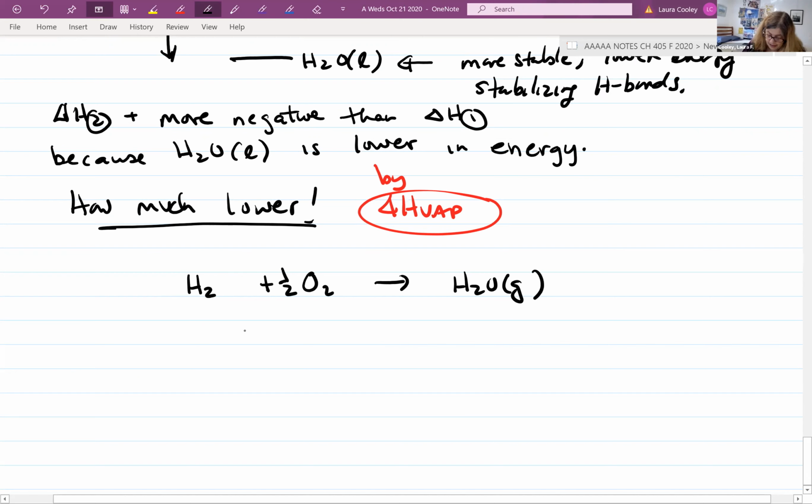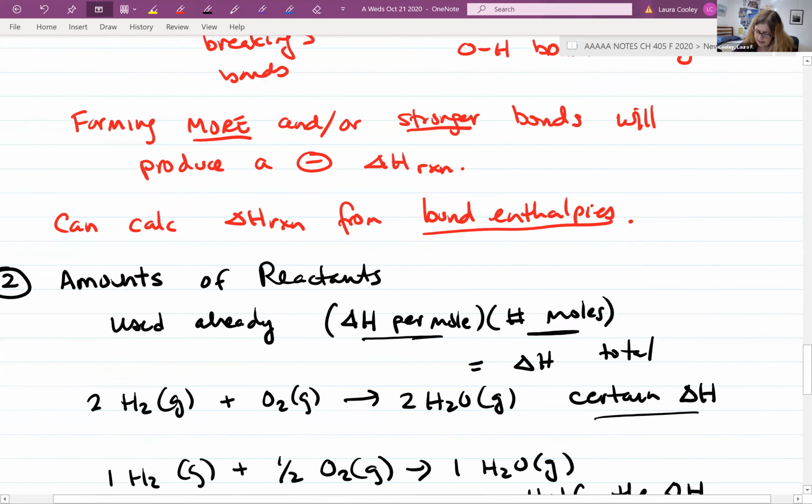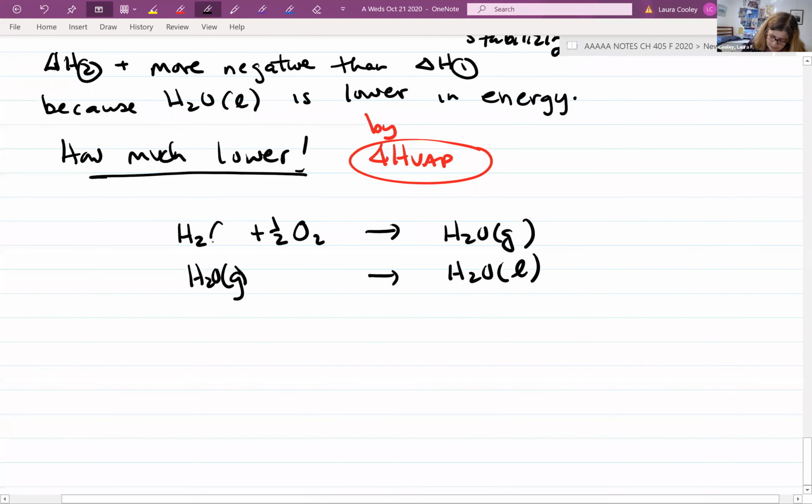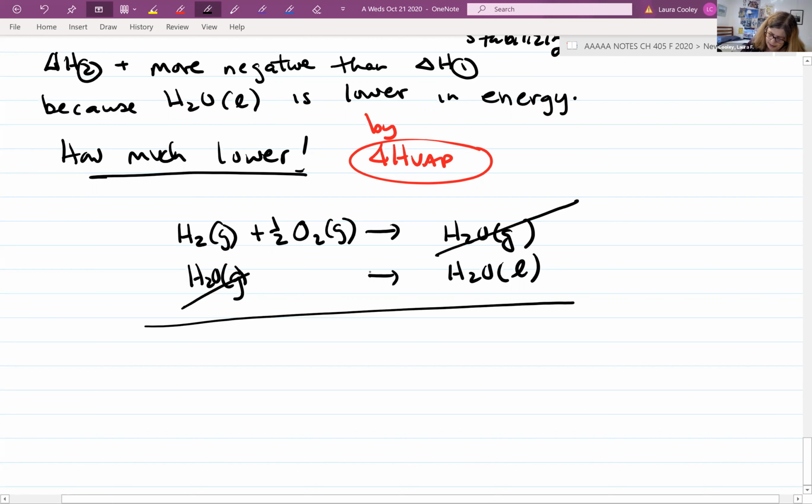And then I had gas going to liquid. That is the way I did it, right? And I added them up. And so I ended up with H2 plus 1/2 O2 going to H2O liquid. So what I just did was I added delta H's for a stepwise process.